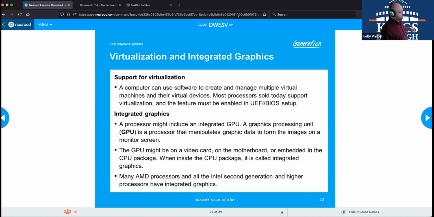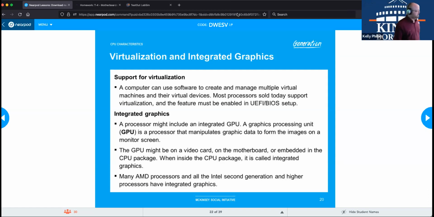The GPU might be on a video card, which would be an aftermarket upgrade in most cases. It might be built into the motherboard on some older systems, or it may be embedded into the CPU package itself. When it is inside the CPU package, this is called integrated graphics.